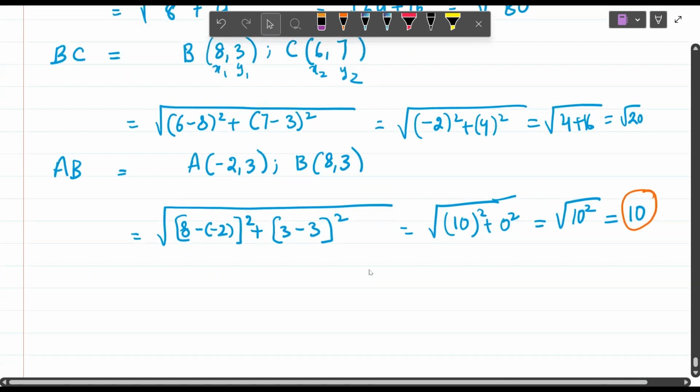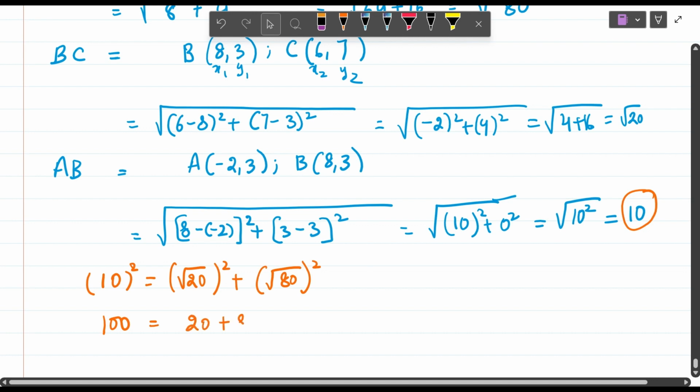So let us check. So hypotenuse square, that is 10 square, will be equal to the sum of the squares of the other two sides. So this gives 100, this gives 20 plus 80, and therefore 100 is equal to 100. So what we got, students? We got LHS is equal to RHS.